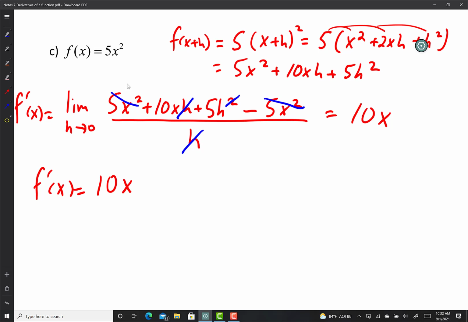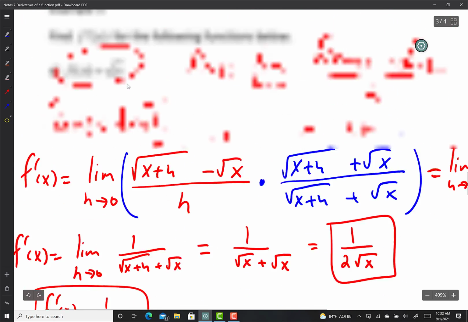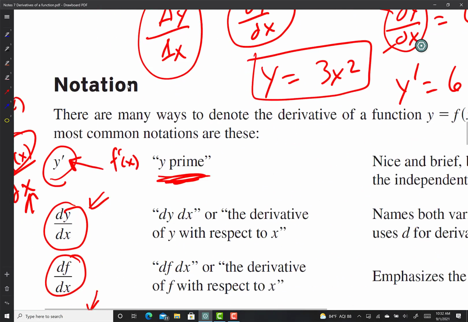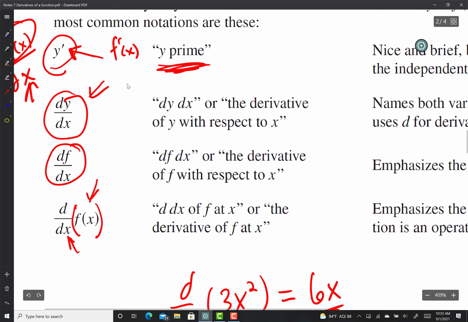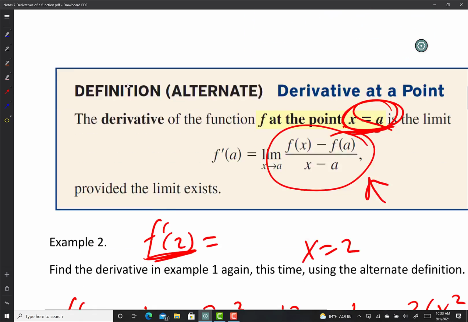She's like, wait a minute, 5x squared, derivative is 10x. And then she went to the other one and she's like, wait a minute, derivative of 3x squared was 6x. But hold on, we're not there yet. There is something there, but let's not get there yet.